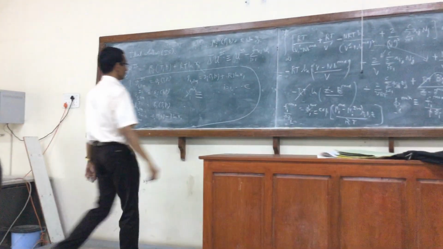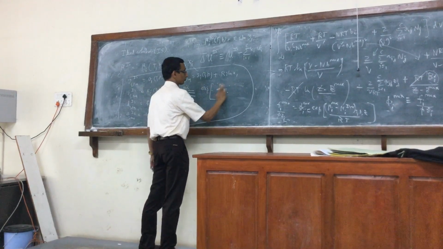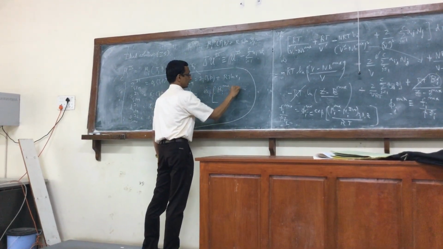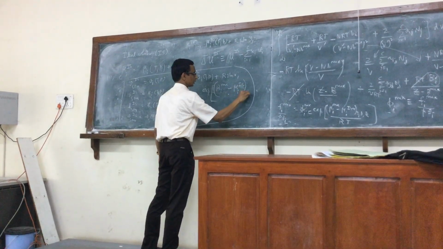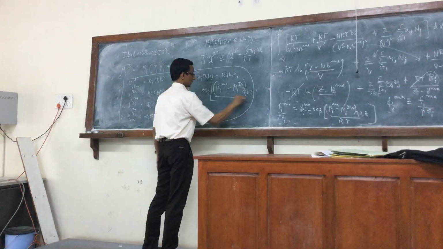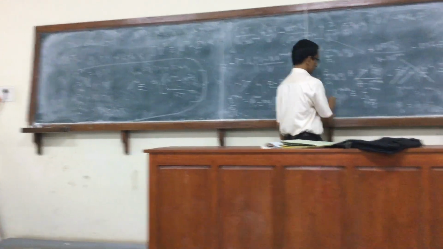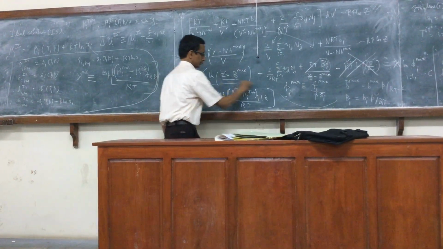So this is now defined as the exponential of the departure, now from the ideal solution, divided by RT. We have to compare it to the fugacity coefficient, which is given by this.